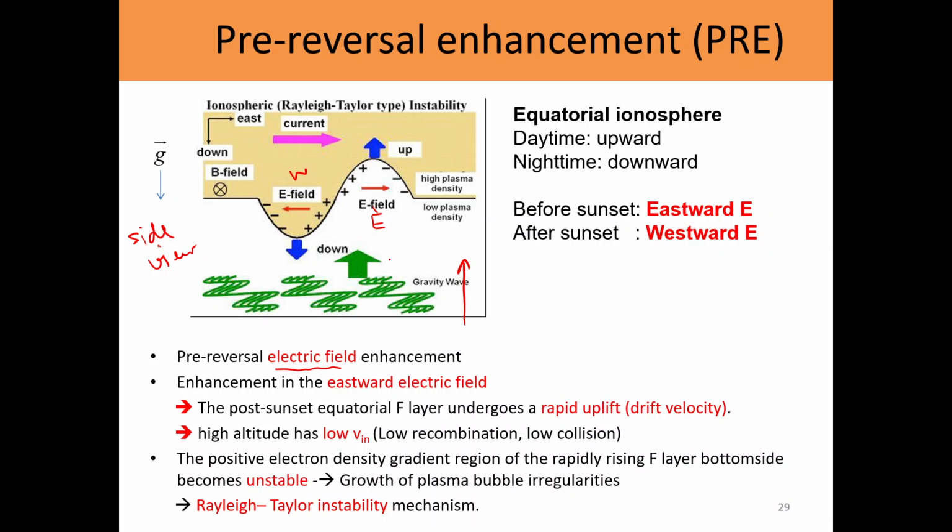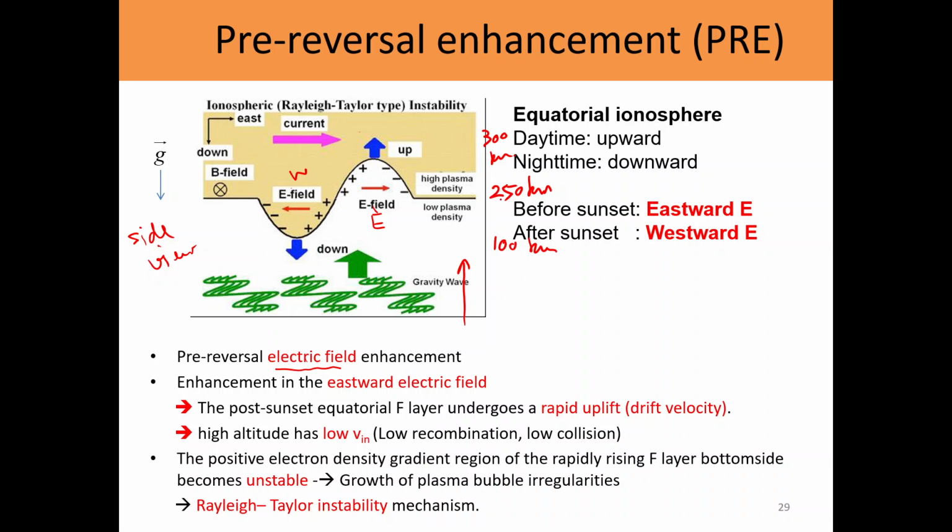Okay? So that causes some areas, this is the bottom side, around 250 kilometers. Here it may be 100 kilometers. Here maybe 300 kilometers. So around this bottom side of the ionosphere, this is the region where you have the peak electron density.